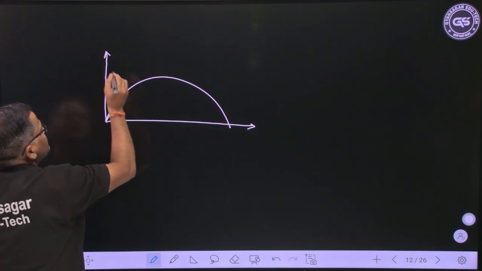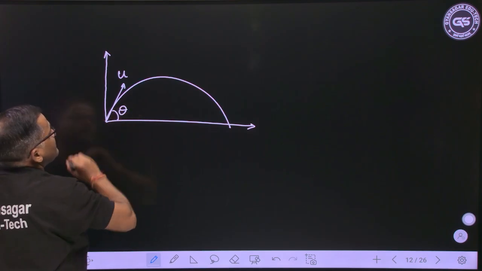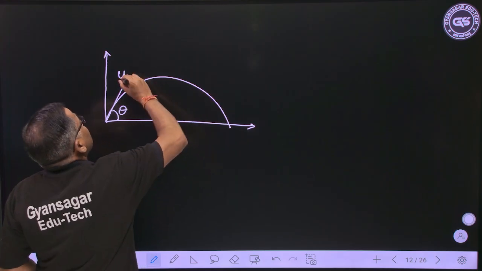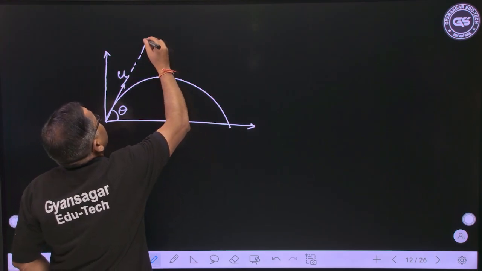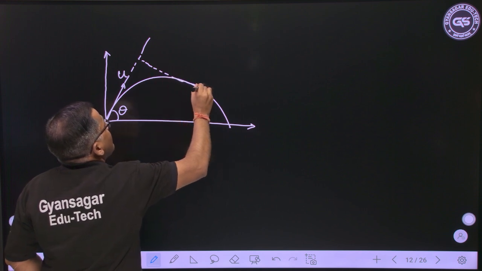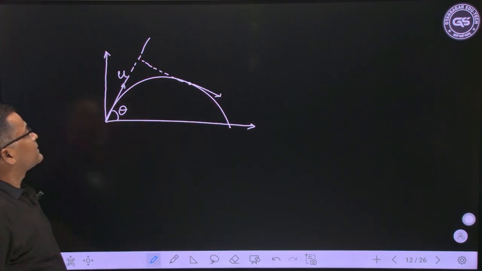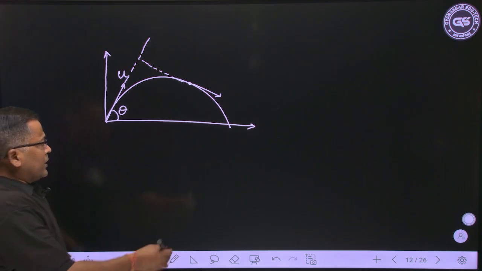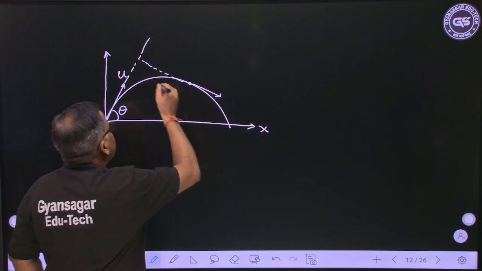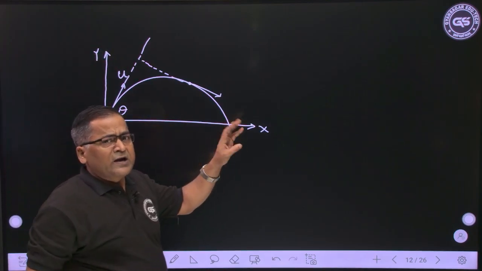A body has been thrown like this, u and theta. After some time, it starts traveling in a direction perpendicular to the initial direction.